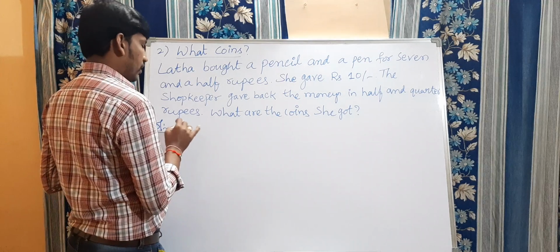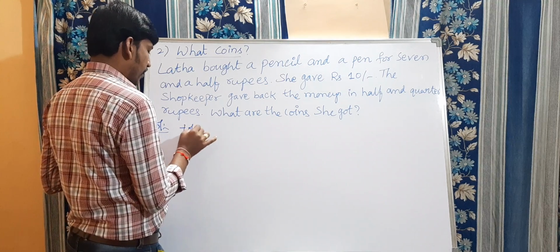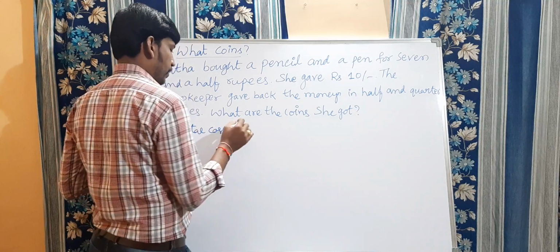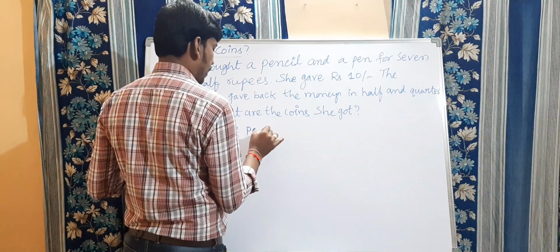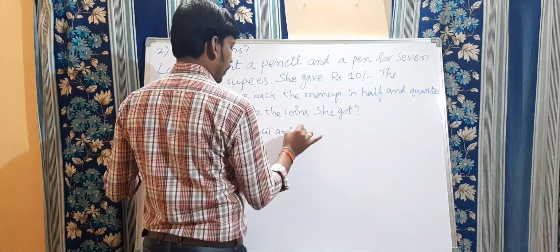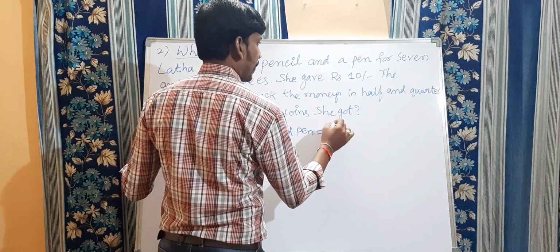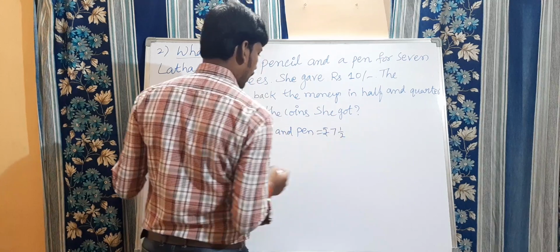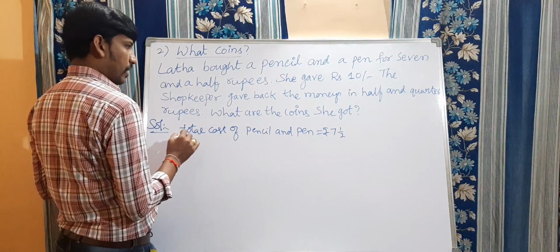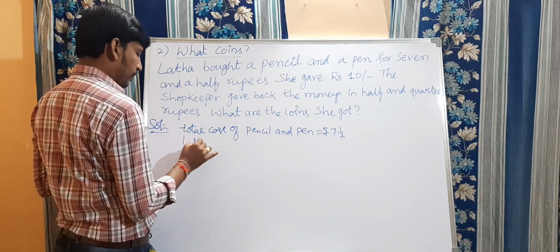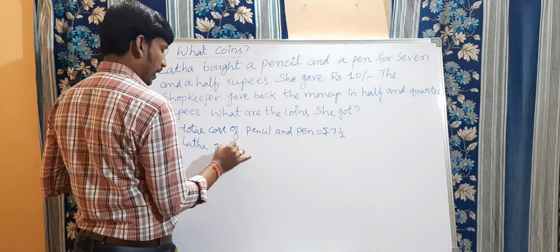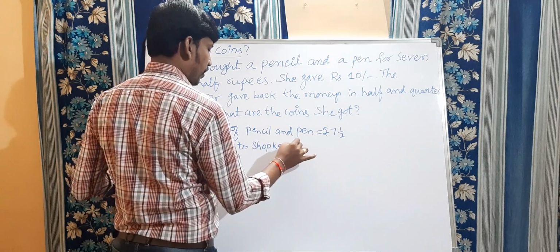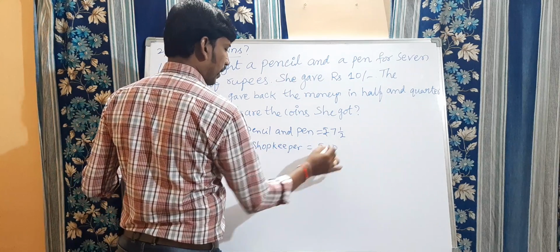Solution. The total cost of the pencil and pen is equal to 7.5 rupees. That means 7 1/2 rupees. Lata gave the shopkeeper how much? Rupees 10.